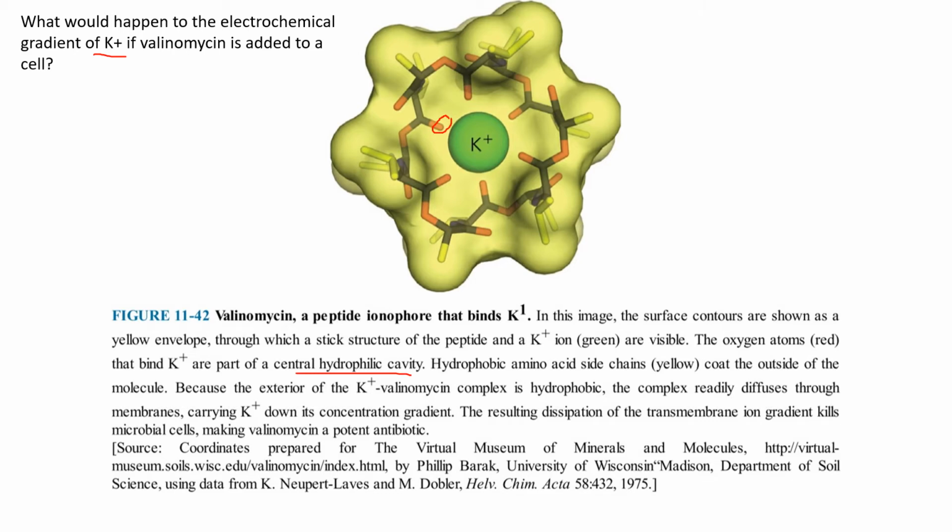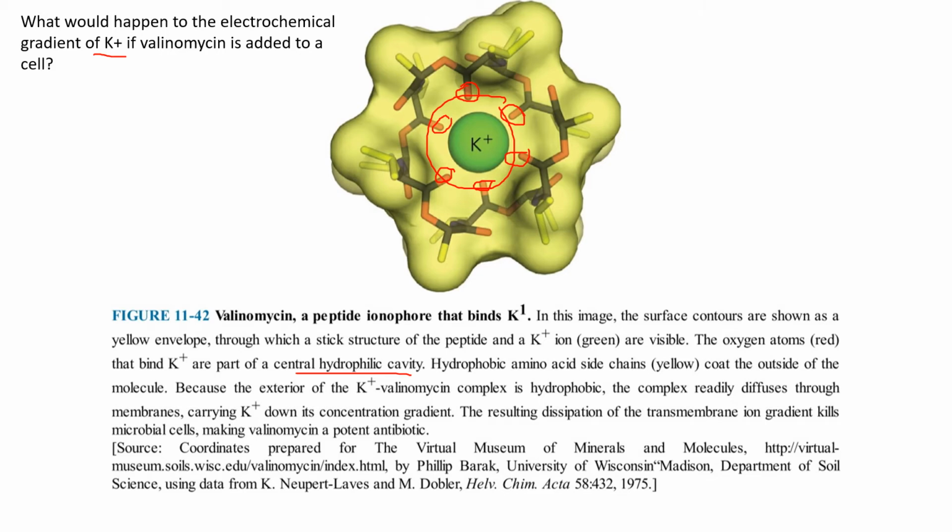So these are the oxygen atoms, and you know they're a little bit negative, and the potassium is positive, so they want to interact with each other. And this is your hydrophilic cavity.